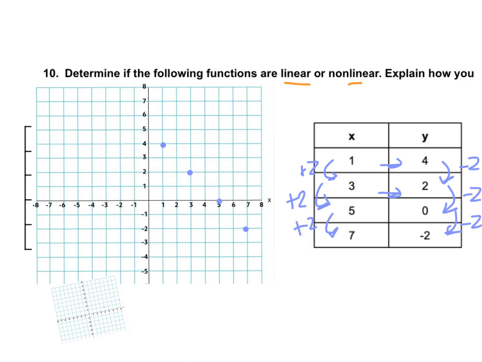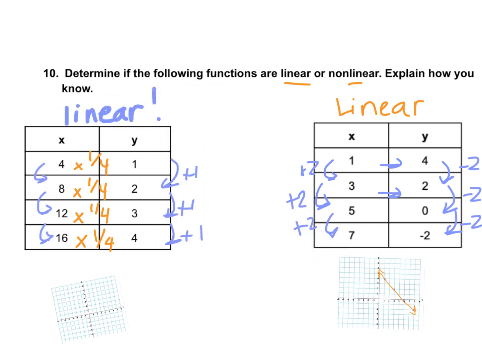A beautiful straight line. If I were to connect all those points, you can see that this one is also linear. So they're both linear. I saw consistency within the tables. I graphed it just to check, and there you go.